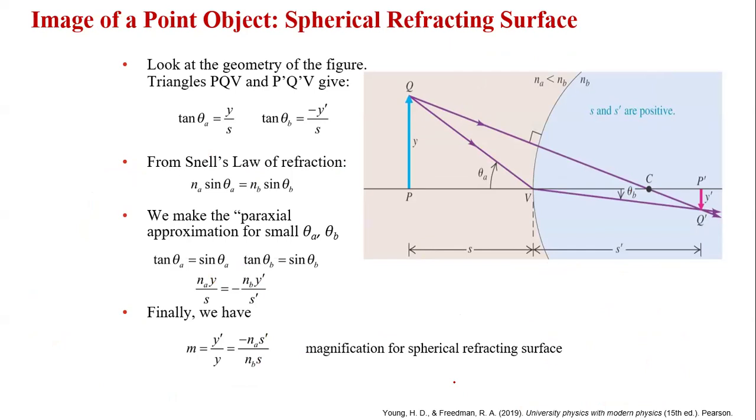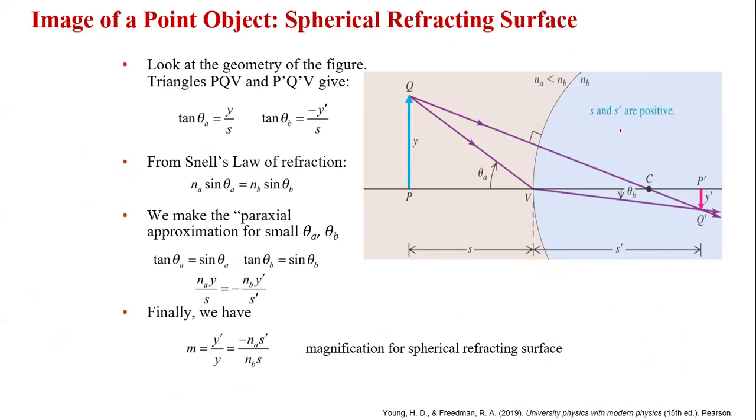Okay. For the lateral magnification, we have at point Q the height y. We have here the ray that passes through the curvature, and the ray that is being refracted with theta b, and they intersect at this one.